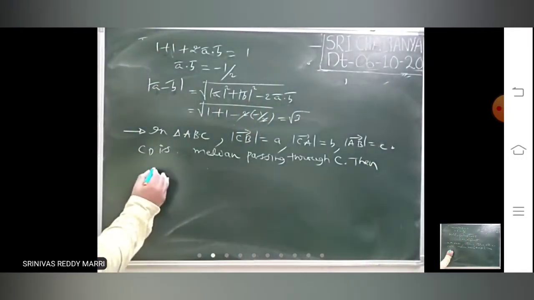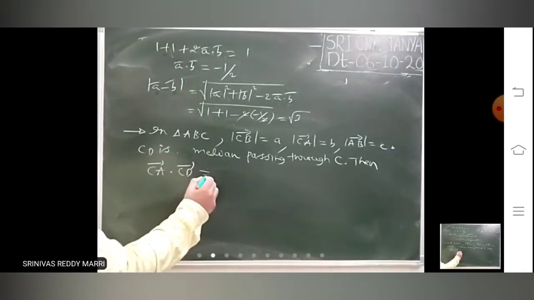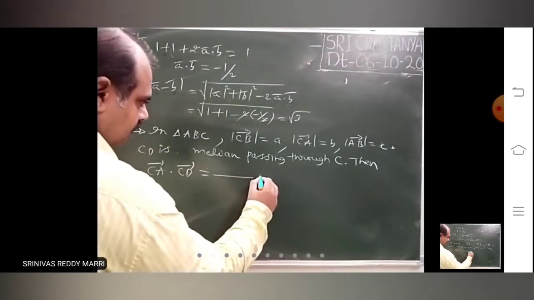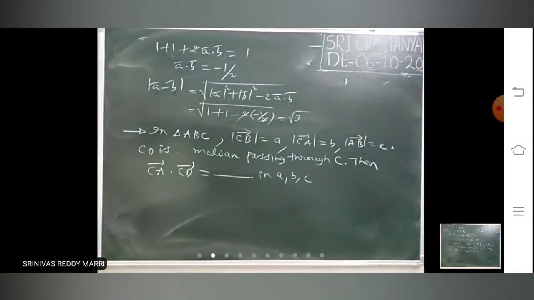Then look at the problem application: CA bar dot CD bar, you have to find out in terms of small a, small b, small c.